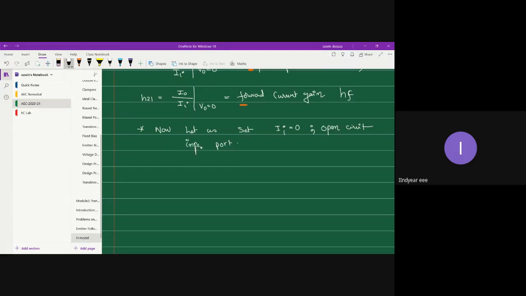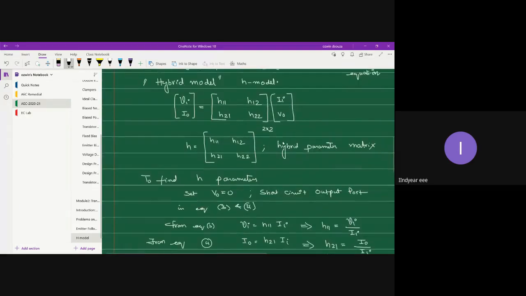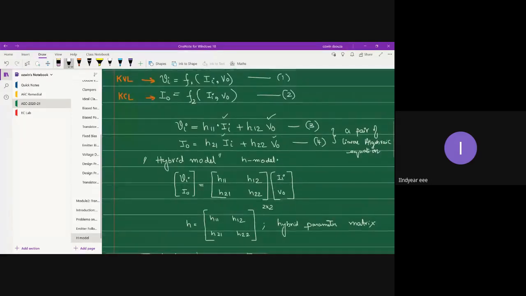I'm sorry, because you're dealing with the handling of independent variables. So now you set Ii equal to 0. So when you set input current equal to 0, the equations are here. So the H11 and H21 terms become 0.